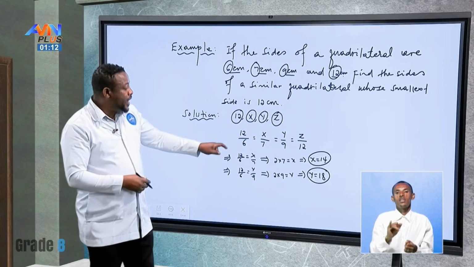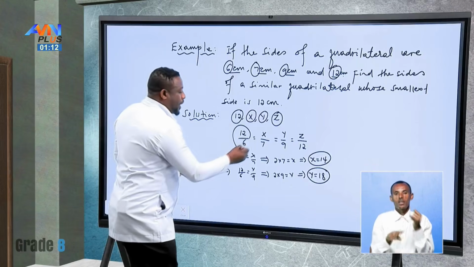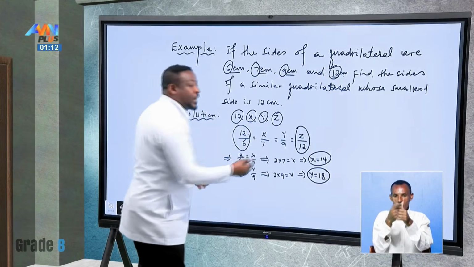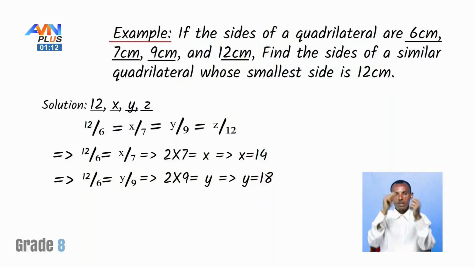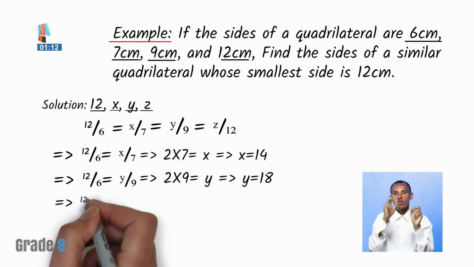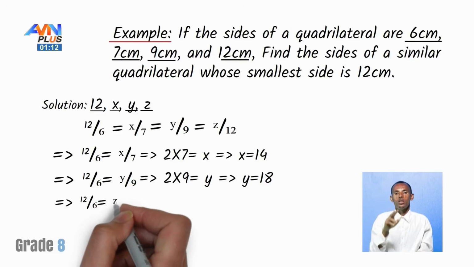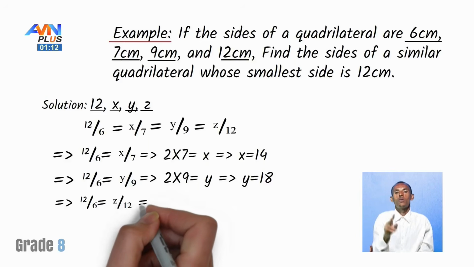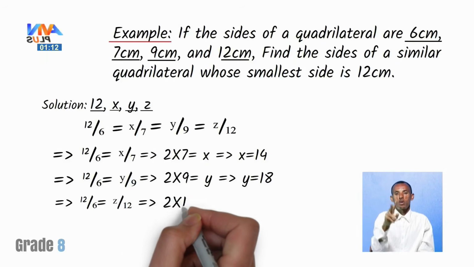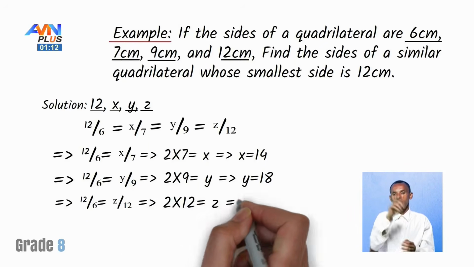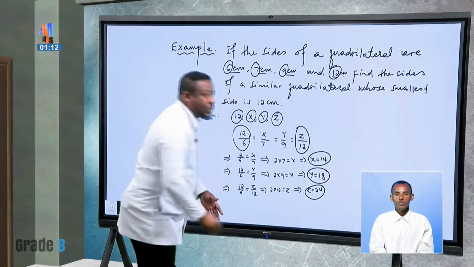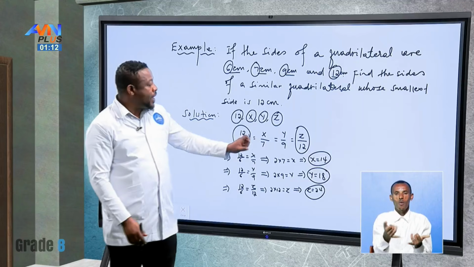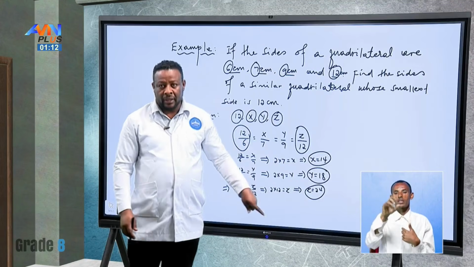Lastly, we can take this one and this. Okay, you can equate these two terms. Then you will have 12 over 6 is equal to z over 12. So this implies 2 times 12 is equal to z. So this implies z is equal to 24. Okay, so now we have x, y, z.